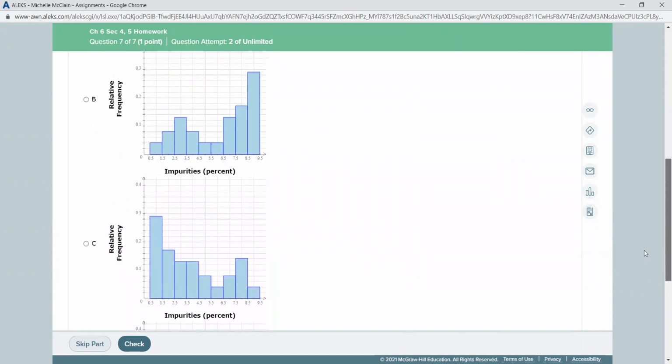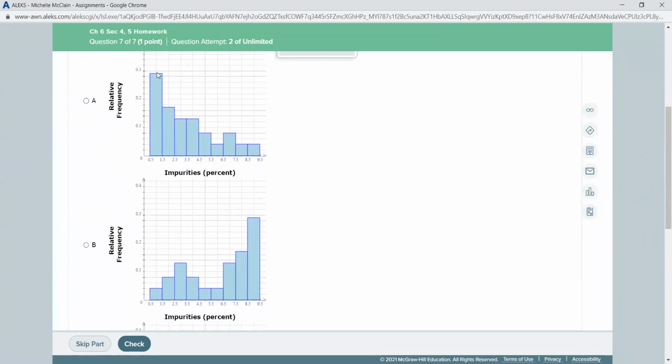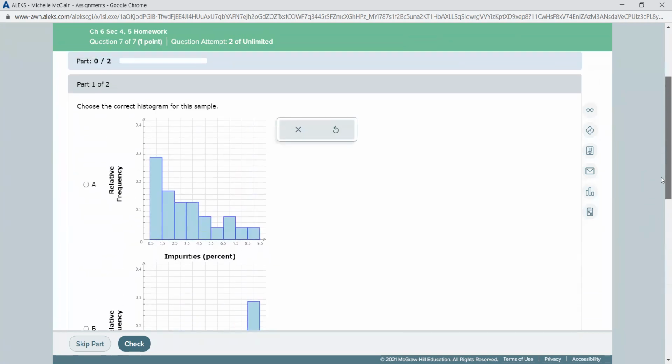So what's sticking out to me right now is that two of the graphs have a really tall first bar, and then the other two, it's really low. So I know right away I can cut my chances in guessing in half. And it looks like the first class is 0.5 to 1.5. So I'm going to come and look.